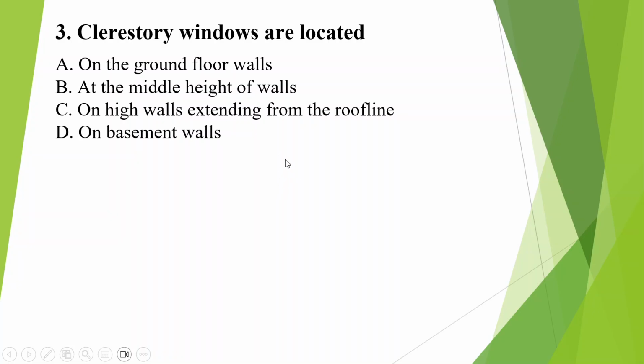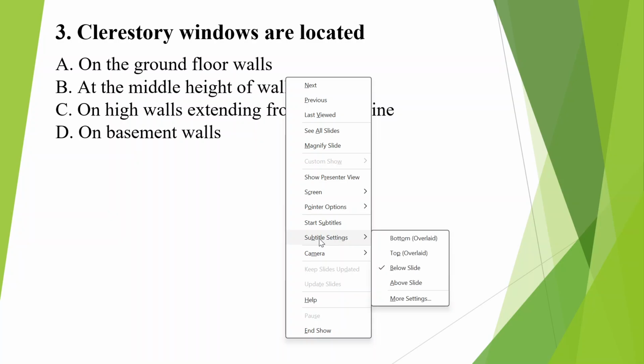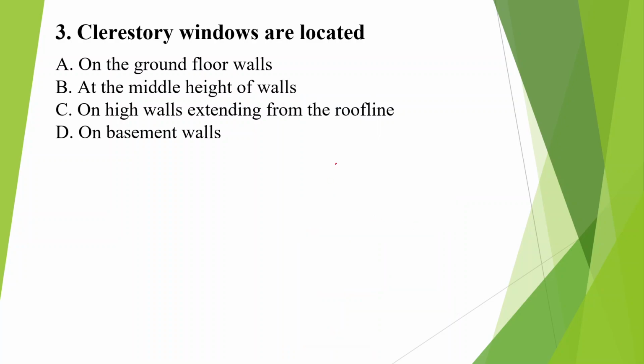So you must have seen, when the picture of a house was given to you and different levels were also shown to you, this was the position of your clerestory.